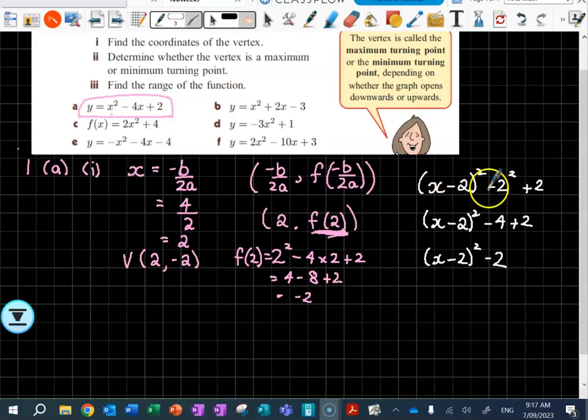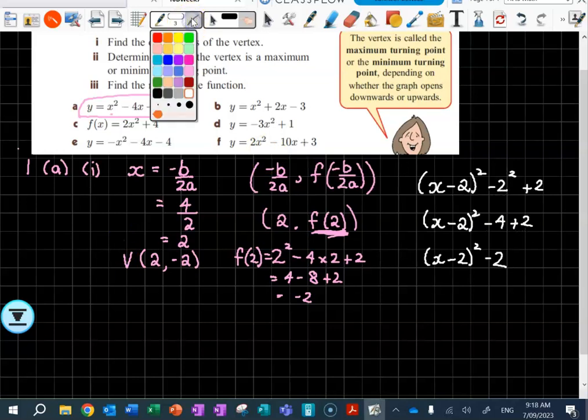Halve it, get rid of the take 4, simplify, and I will get the same vertex of (2, minus 2). So you might go, oh, I prefer completing the square. Go for it. But would you still choose completing the square for something like this? God, no. So the formula, that's my go-to every time.